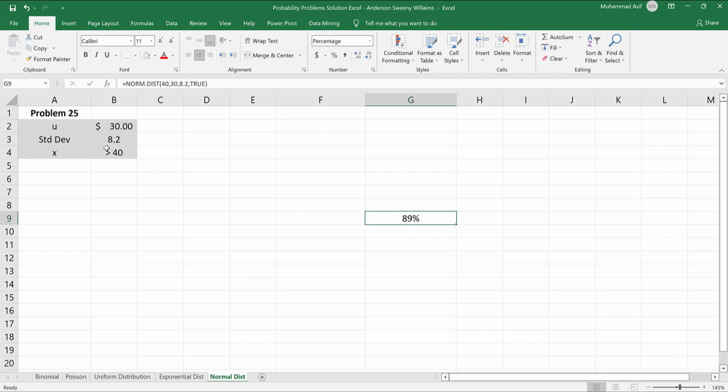But the question is asking about the right tail. We know that the total probability is always 1, so we will subtract it from 1, and that will give us this probability, 11.13%.